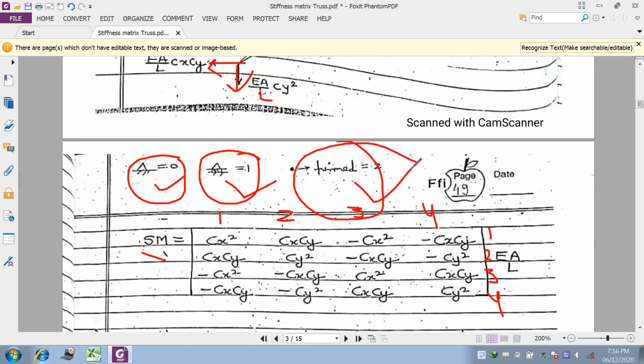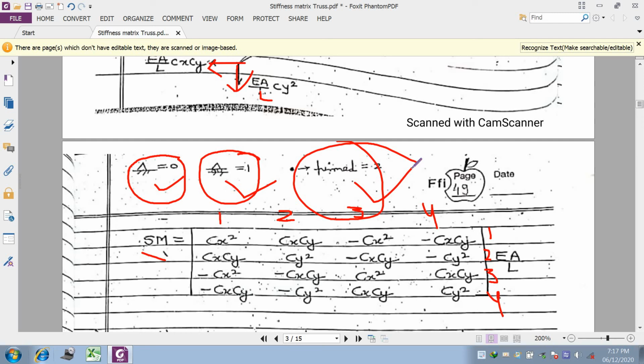As in the basic engineering mechanics, there was a chapter on pin jointed trusses, if you remember. The assumption of pin jointed trusses is that each and every joint of the truss is considered as a pin joint. So at every joint we have to calculate 2 unknown degrees of freedom.